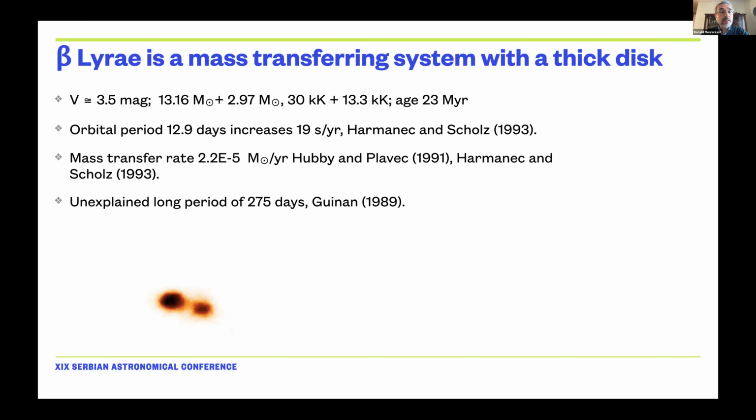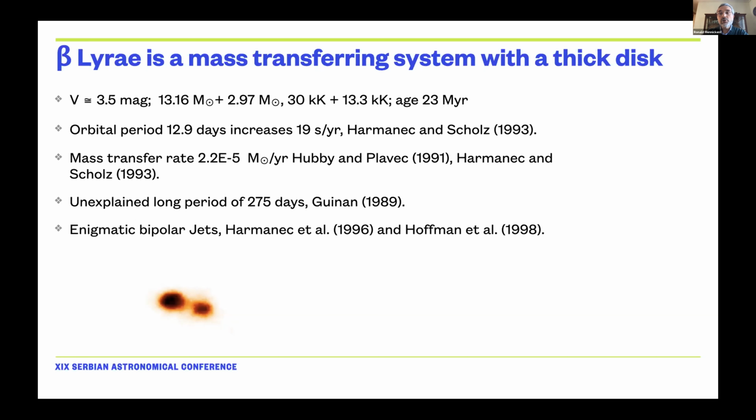It also presents an unexplained long periodicity of 275 days in the photometry. Also, beta Lyrae shows enigmatic bipolar jets, material escaping from the orbital plane.